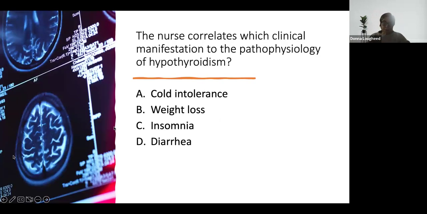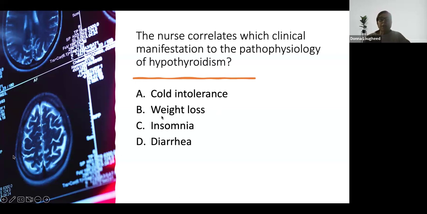So let's do a little connection check here. The nurse correlates which clinical manifestation to the pathophysiology of hypothyroidism? So we're actually looking for one of the signs and symptoms of hypothyroidism.